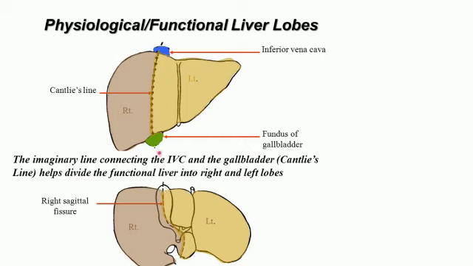This line is called Cantlie's line, which physiologically divides the liver into almost equal right and left lobes. These lobes are called the functional lobes of the liver.